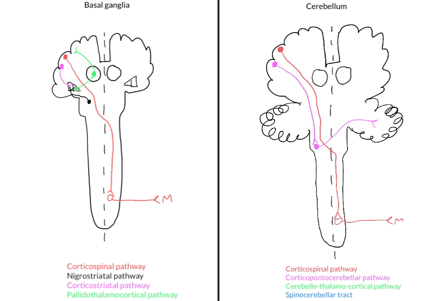Now the cerebellar hemisphere needs to communicate back with the motor cortex, and that takes place through a pathway known as the cerebello-thalamocortical pathway. So there are neurons within the cerebellar hemispheres which communicate with the contralateral thalamus, and then these neurons of the contralateral thalamus, of course, project back to the motor cortex.